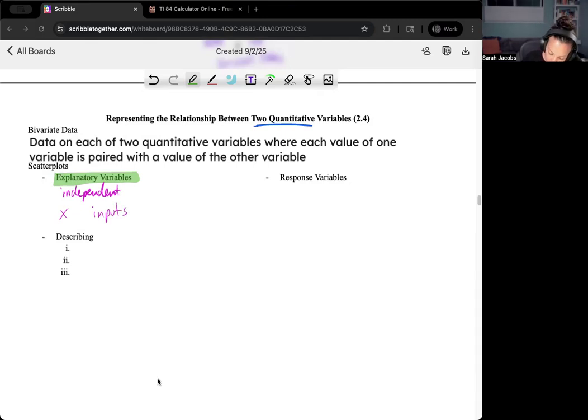You also have response variables. This is what we tend to think of as our dependent variables, although in stats we want to call them response variables because we can't always know that it's an associated relationship. You could also think about this as your Y values or your outputs. Okay.